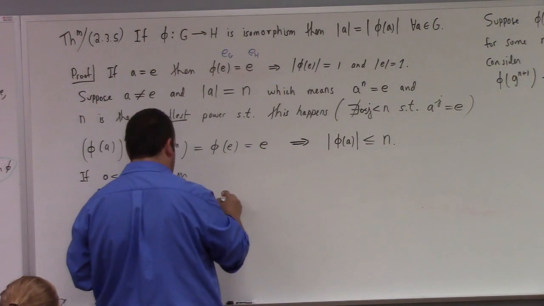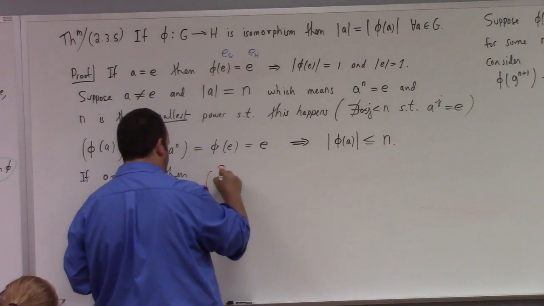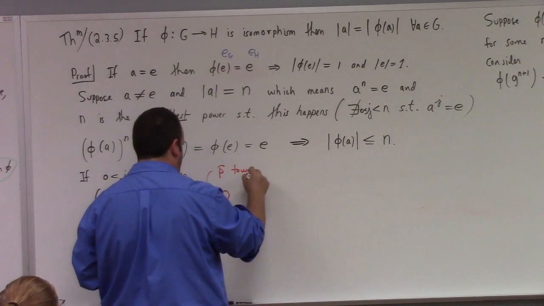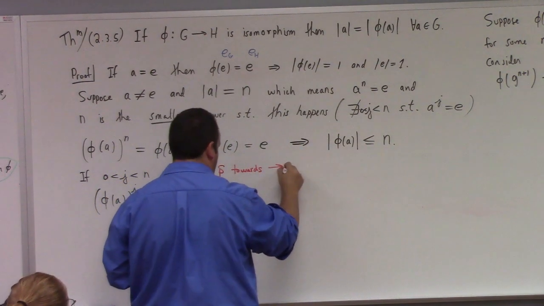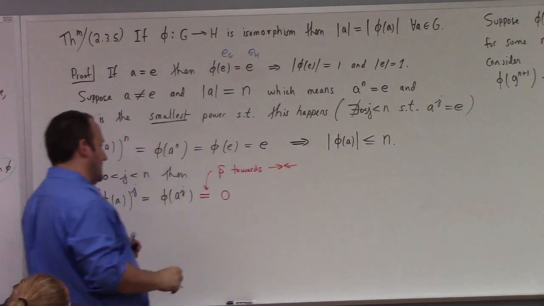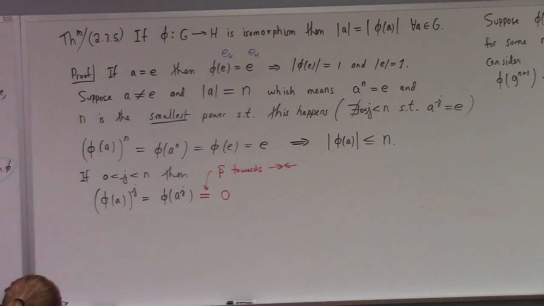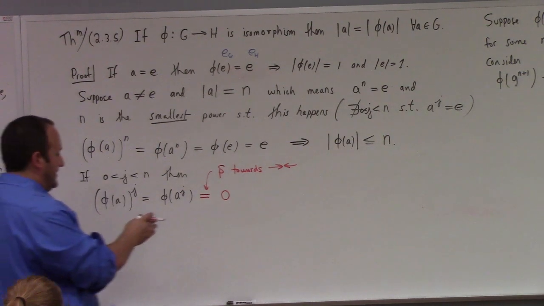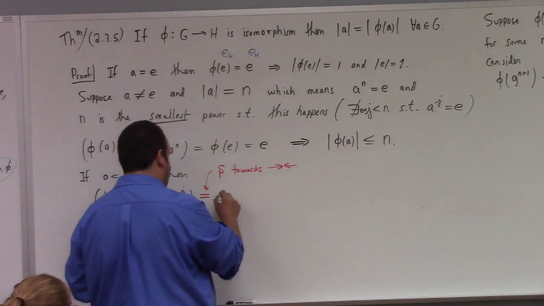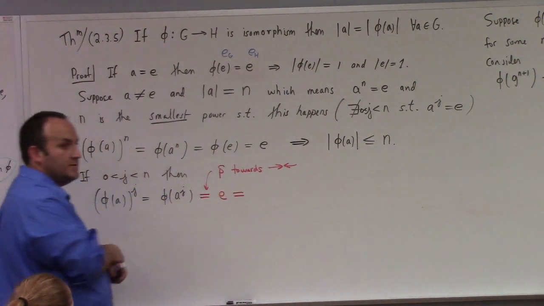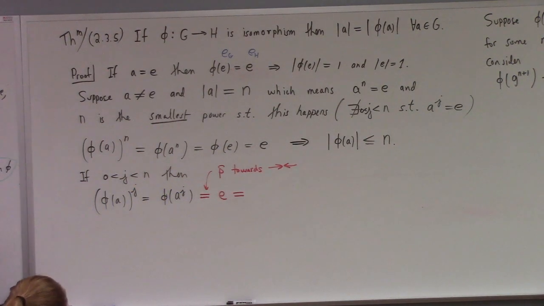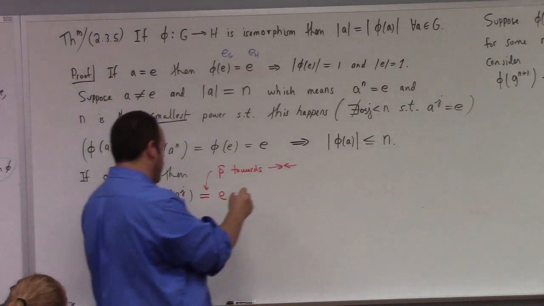Contradiction. Oops, I've got my addition and multiplication mixed up. What should I write there? E, right? I should write identity, not 0. I'm an idiot. What is E equal to? Part 1, proposition. Phi of E, right?